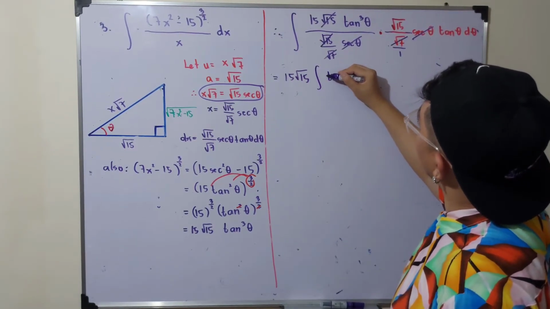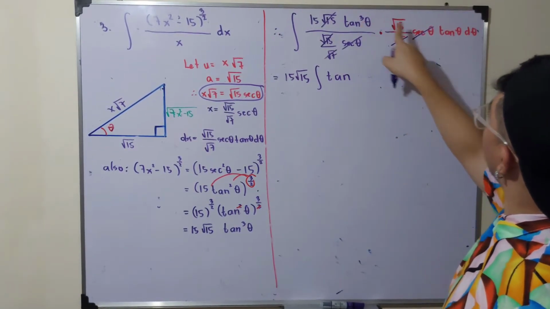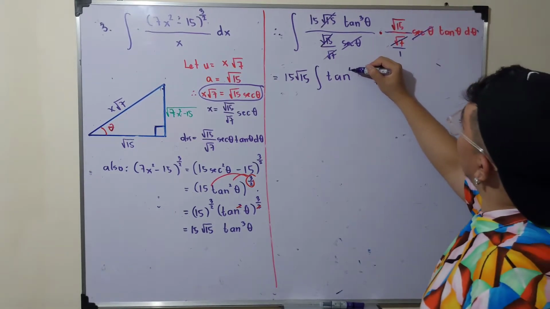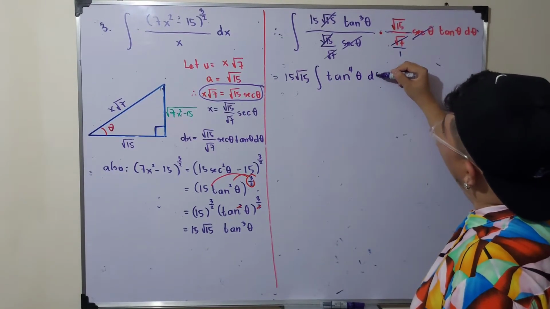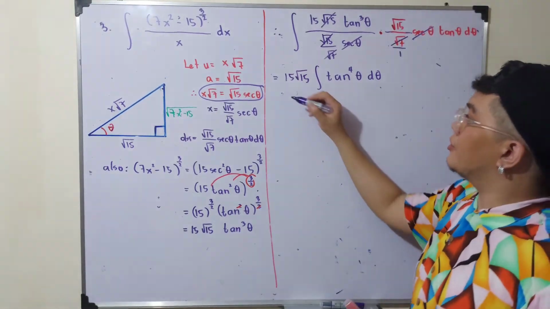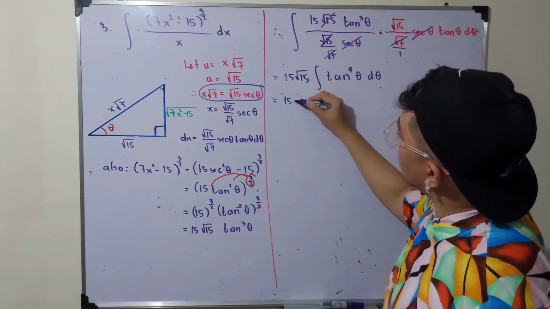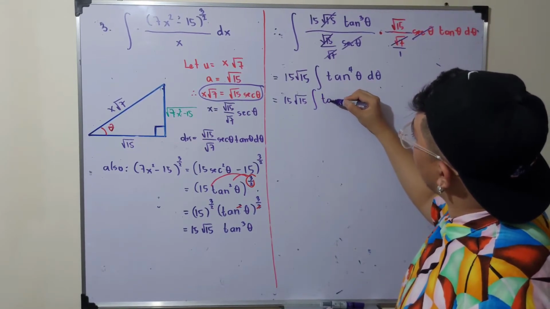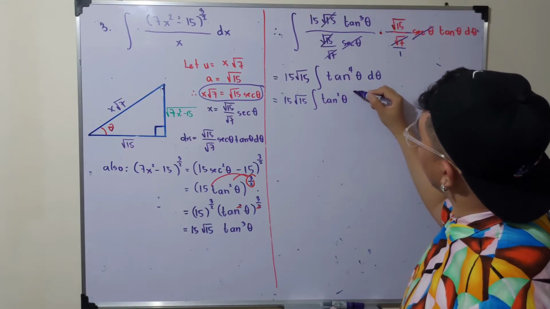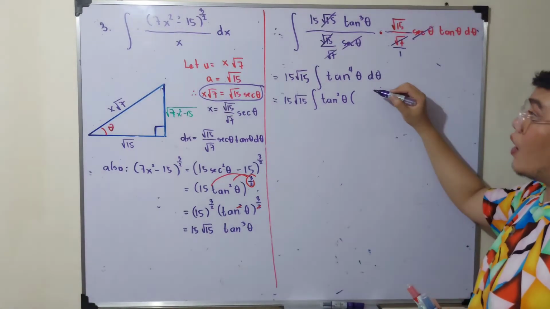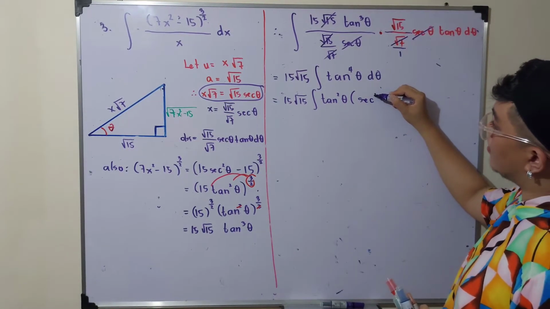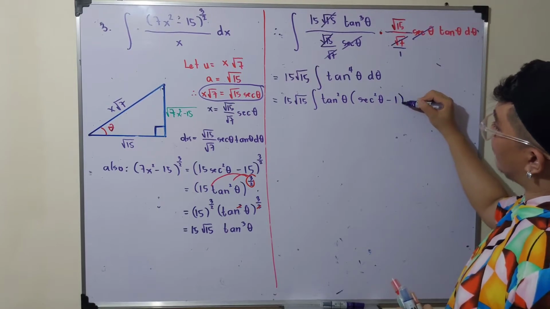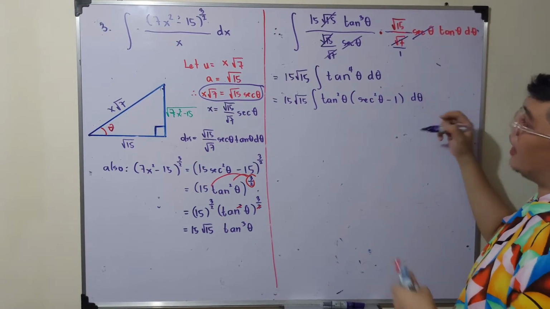Tapos, we have here the integral of tangent cube times 1 to the 4th. Napakadali na lang nito. So, we have 15 square root of 15. So, we have tangent squared theta. Tapos, yung value ay nung isa, secant squared theta minus 1. Yan.